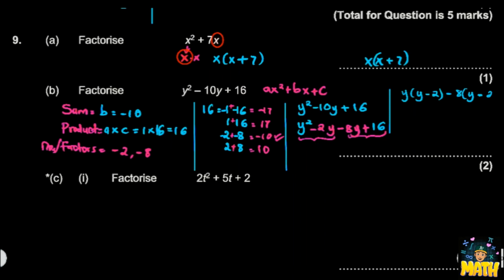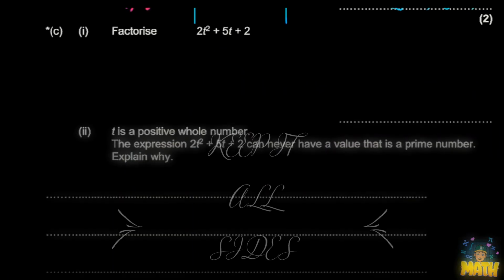So that is y minus 2. And then in the second one, again, in these cases, the brackets will always be the same. So I factor out the 8 and then I remain with y minus 2 in the last one. So I factor out the brackets once again, y minus 2 and y plus minus 8 is the expression.